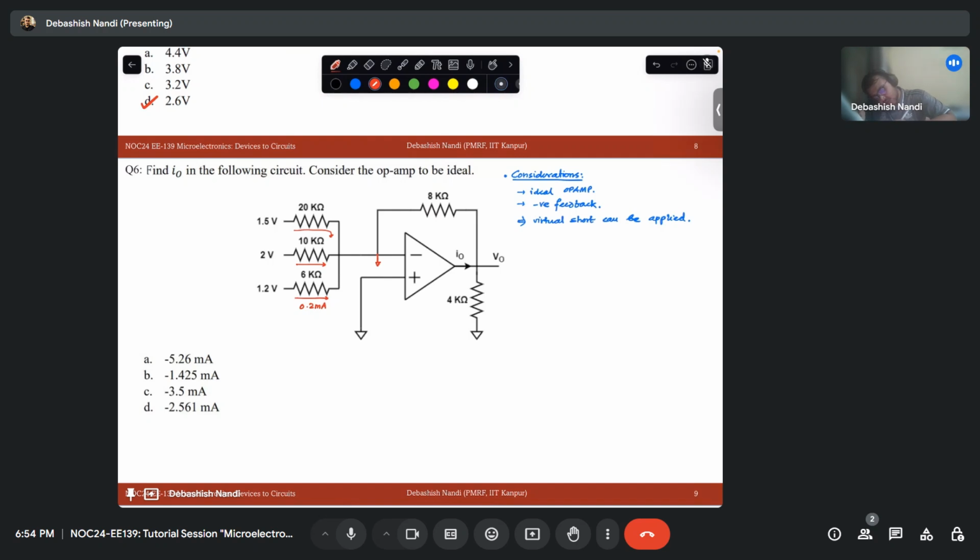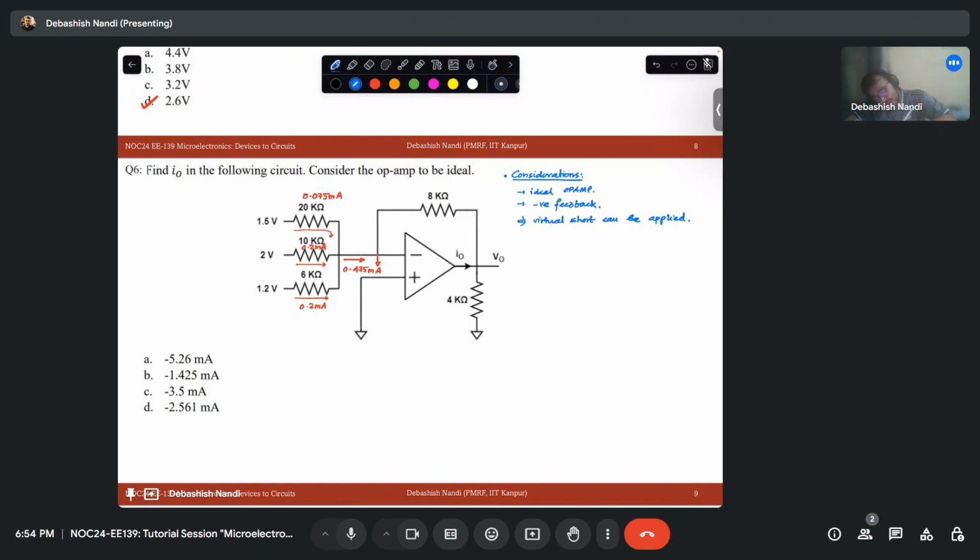This is also 0.2 milliampere, and the above branch will have 0.075 milliampere. So what is the current flowing in this? This current is 0.475 milliampere. Okay.